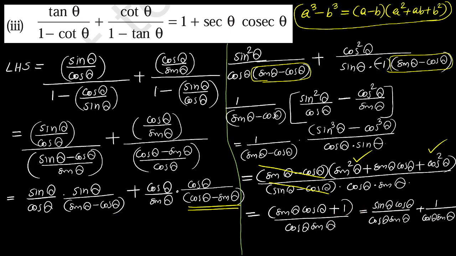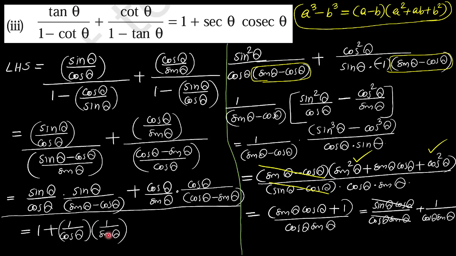Let me write the remaining steps on this side. I want to write every step on the same page. Here sine theta cos theta cancelled. You will get 1. The other one is 1 by cos theta sine theta. You may write like this: 1 by cos into 1 by sine.